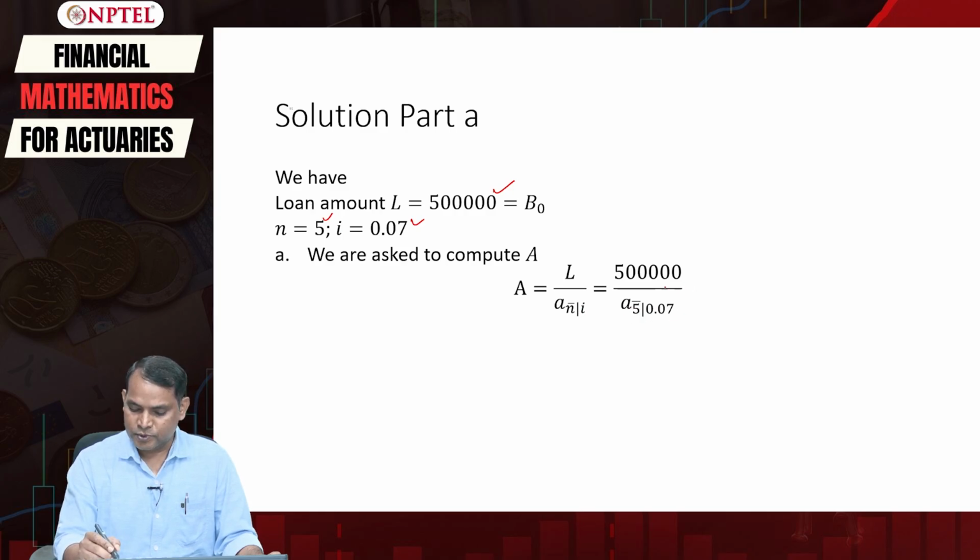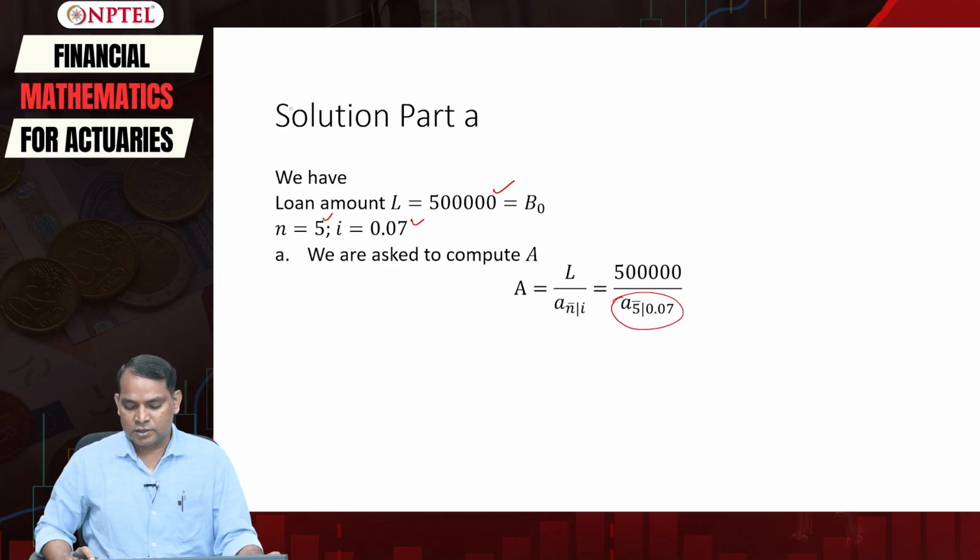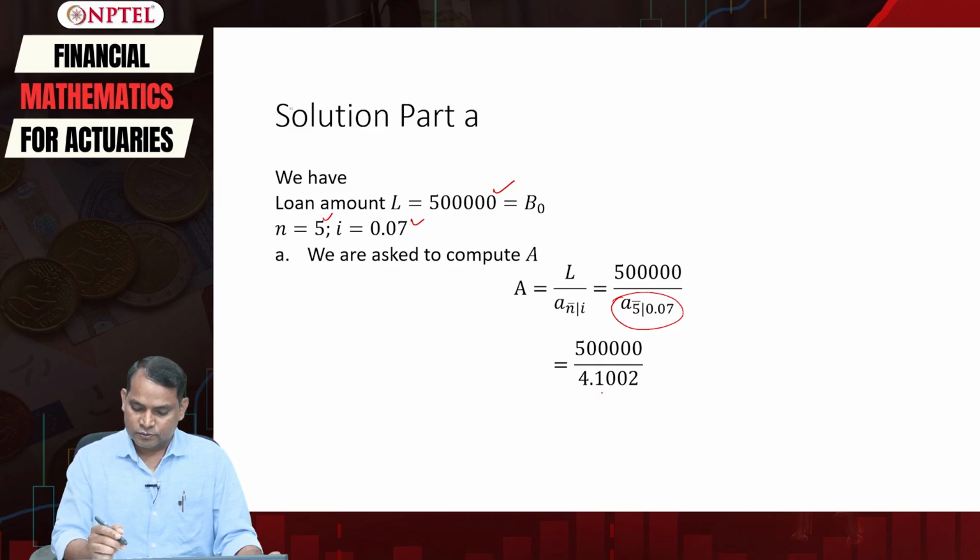So we first compute this, and then we will compute the rest. This will give us the present value interest factor for annuity, for 5 payments and interest rate 0.07, which amounts to 4.1002.